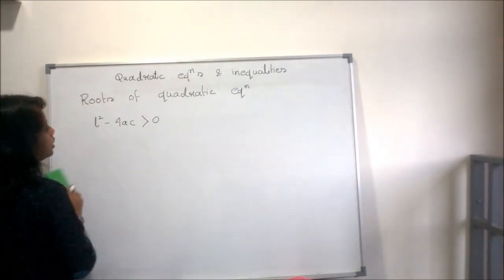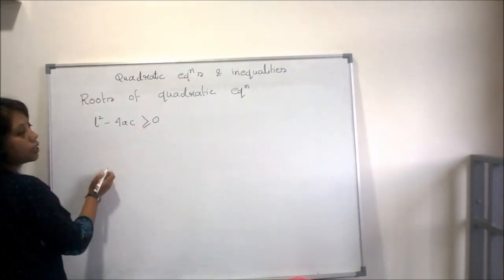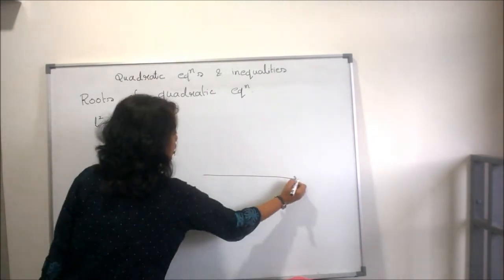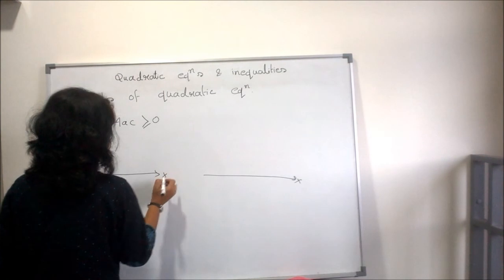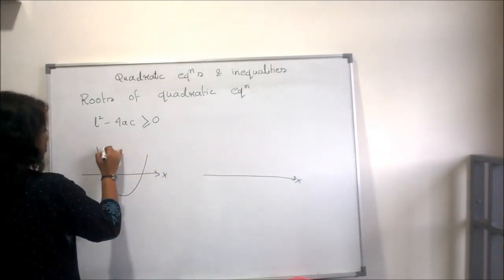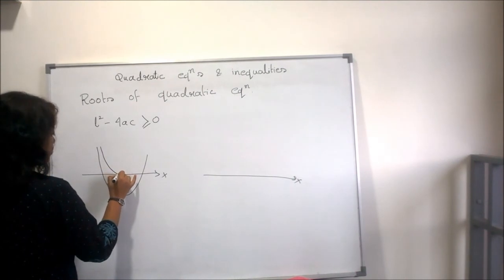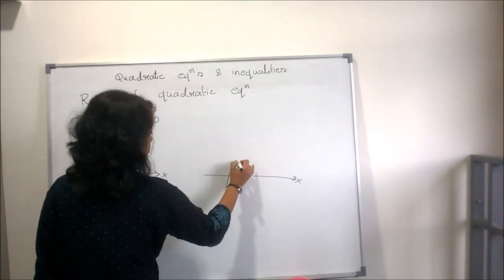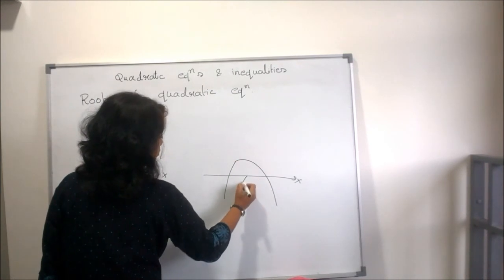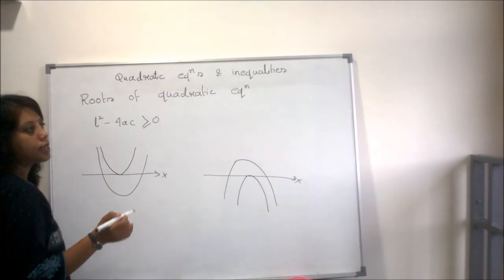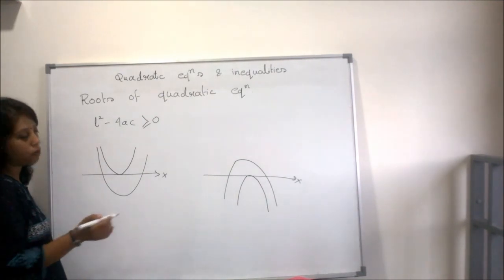Now we are coming to discriminant greater than or equal to 0. In that case, our graph may be of 2 forms.